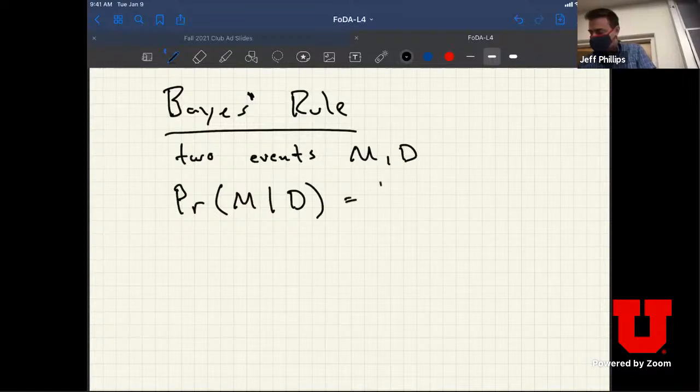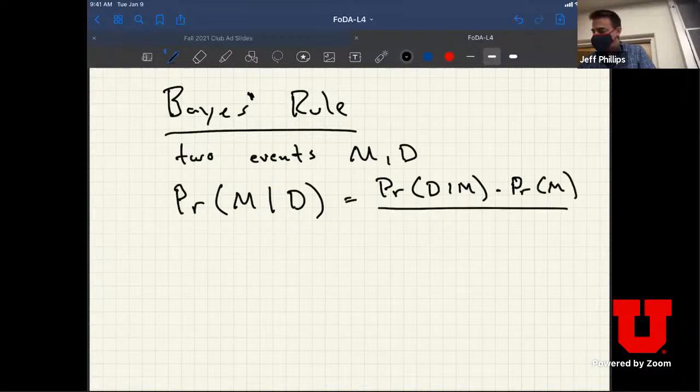It's simply the probability of D given M times the probability of M, divided by the probability of D. So it's just a rule about conditional probability.